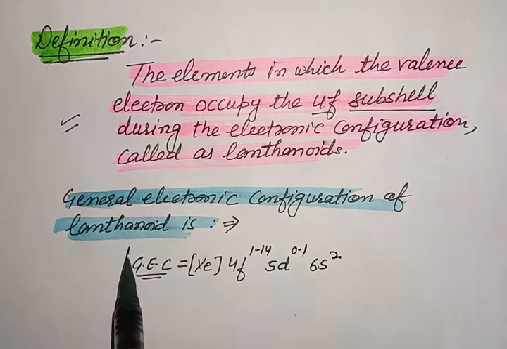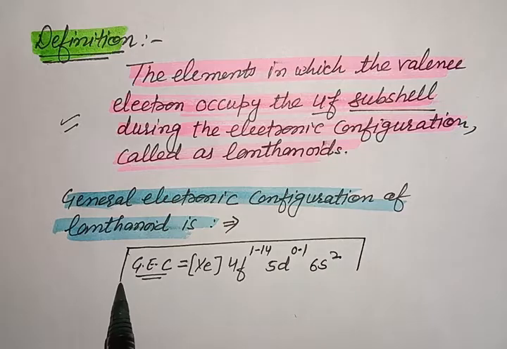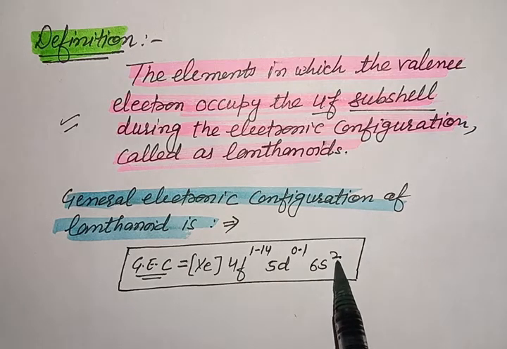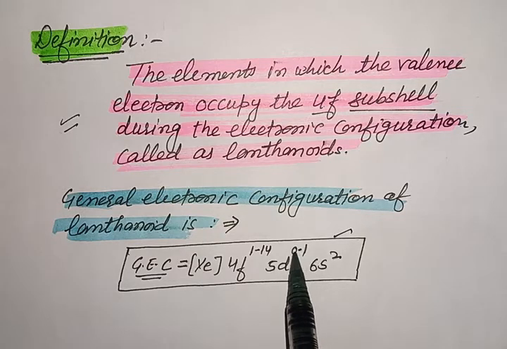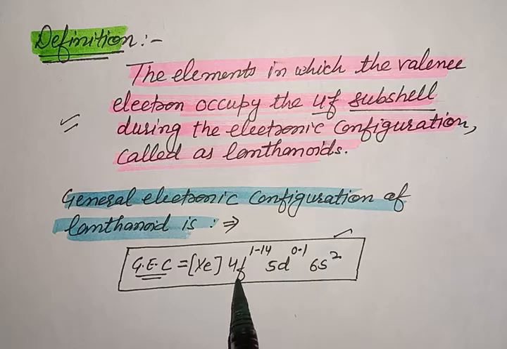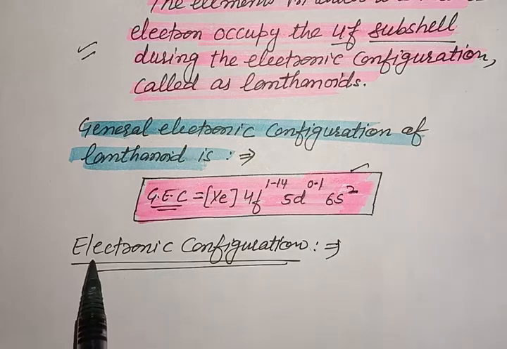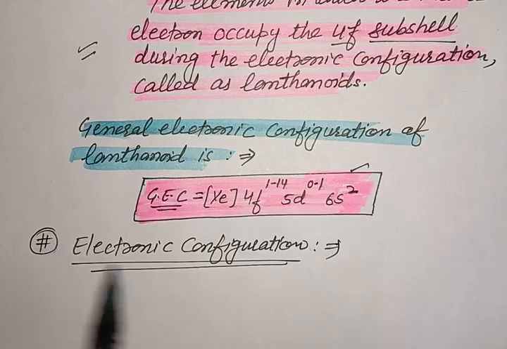The 6s orbital in lanthanoids always occupies 2 electrons, the 5d orbital occupies either 1 or 0 electrons, and the 4f subshell occupies from 1 to 14 electrons. In the coming class, we will study the electronic configuration of the lanthanoids.